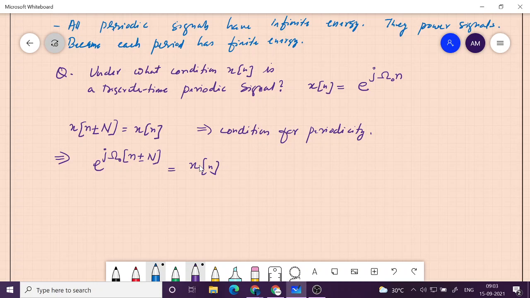Okay, which means that, so x of n is what? x of n is basically e raised to j omega 0 n, which means that e raised to j omega 0 capital N should be equal to 1.